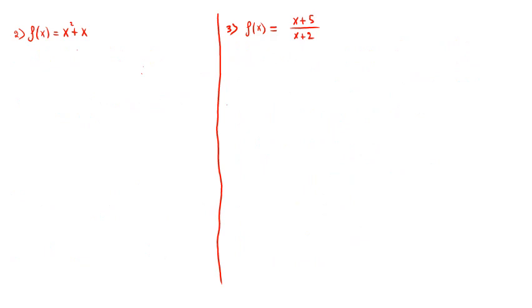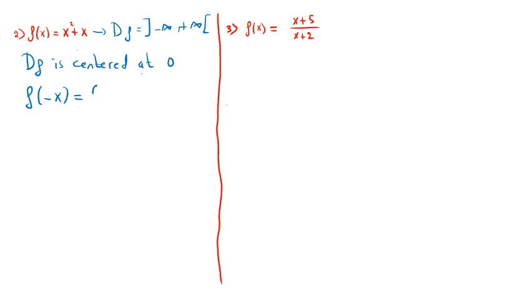Another example, we have x squared plus x. It's also a polynomial function. The domain is minus infinity, plus infinity. Domain is centered at 0. F of minus x equals minus x squared plus minus x. Minus with even exponent, it becomes a plus. Here you have minus. We can see that this function is not the same.